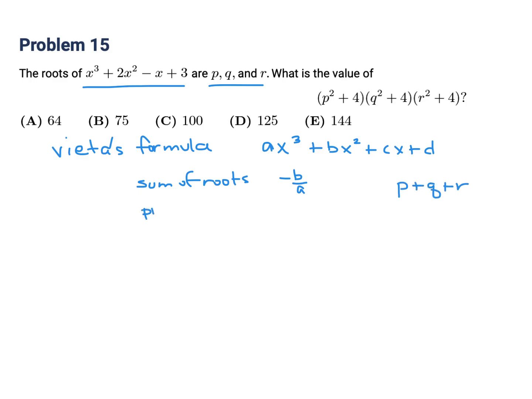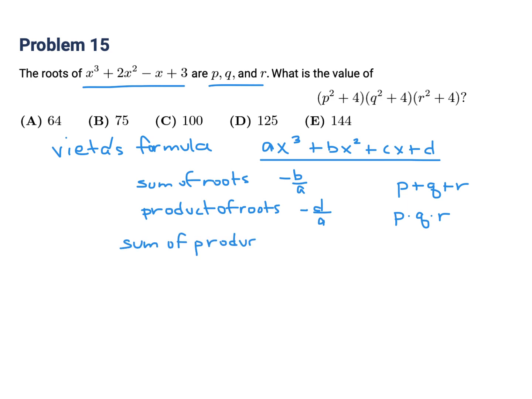The product of the roots, using Vieta's on a cubic, is minus d over a, corresponding to that equation and those coefficients. So that would basically be the equivalent of p times q times r. And the sum of the products, which would be the equivalent of pq plus pr plus qr, that is c over a.